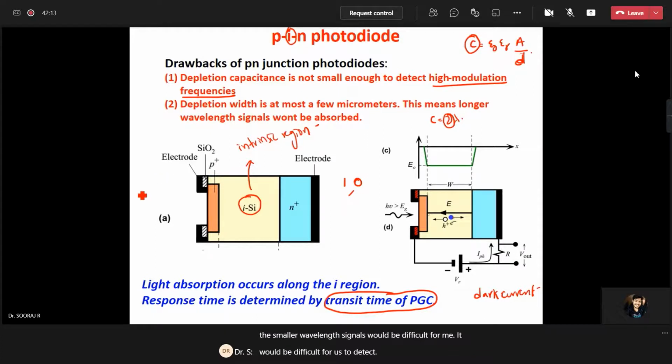Whenever you are launching a signal, if you have a laser or an LED which is emitting light, it has a smaller wavelength and also a larger wavelength. So this edge of the pulse may not be detected by the photodetector. That's what is meant by high modulation frequencies.